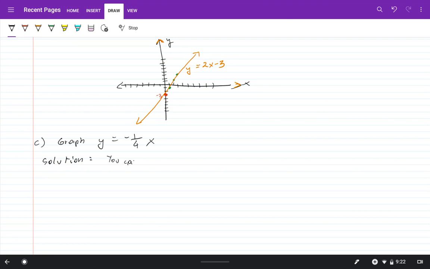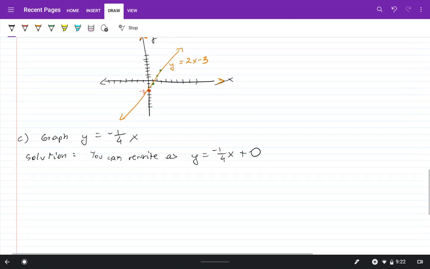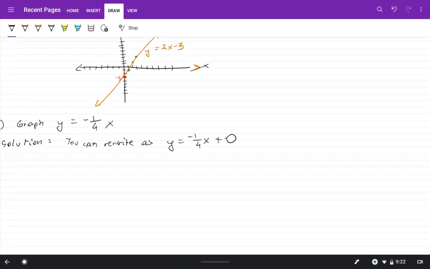So you can rewrite it as y equal negative 1 over 4x plus 0. If you're missing a number, a missing coefficient, you can always add 0. And now this is in slope-intercept form, which is y is equal to mx plus b.